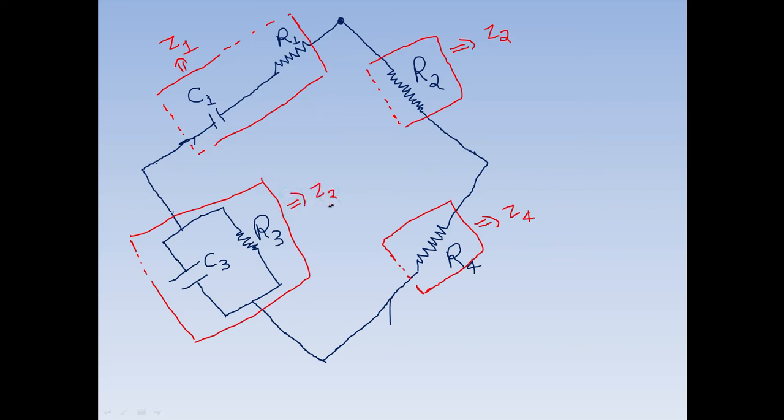So this is the common bridge circuit having Z1, Z2, Z3, Z4, and there is a common detector D that is connected at the center of this.